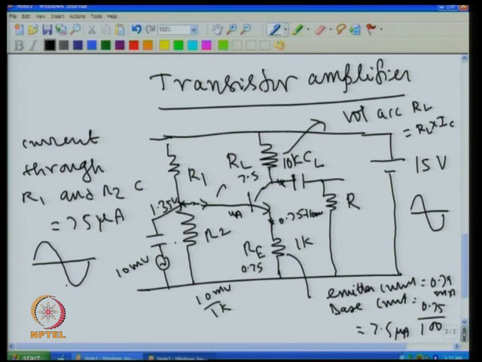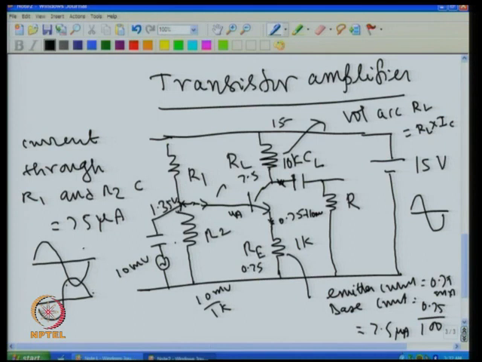Then if you look at this point, when the current is more, you have more voltage drop. So voltage at this point comes down, because voltage at this point is 15 volt minus voltage across this. So more voltage across this gives you less voltage at this point. That means when the AC voltage is rising, the current through this is rising, and voltage at this point is decreasing. So that's what you get like this.